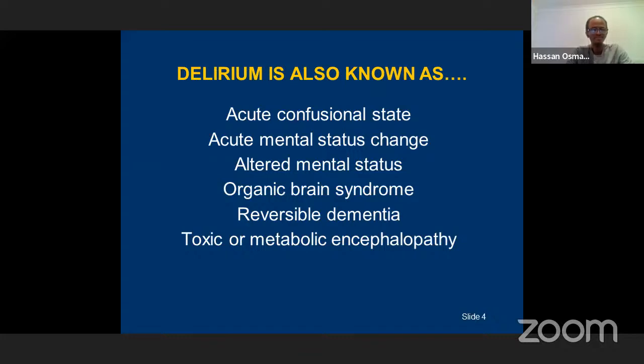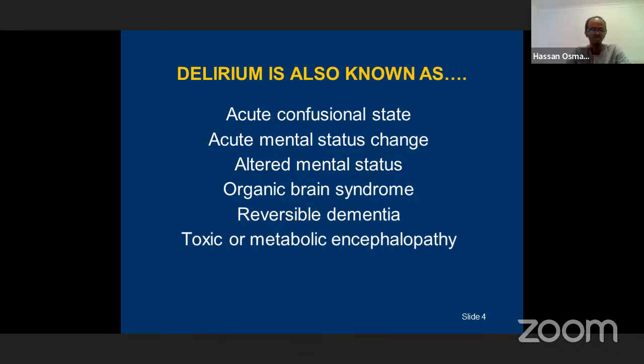I believe delirium is much clearer than many other terms when it comes to confusion, for example, clearer than the idea of encephalopathy and those kinds of medical terms. Simply, we can define delirium as acute confusional state, acute mental change, altered mental status, organic brain syndrome.